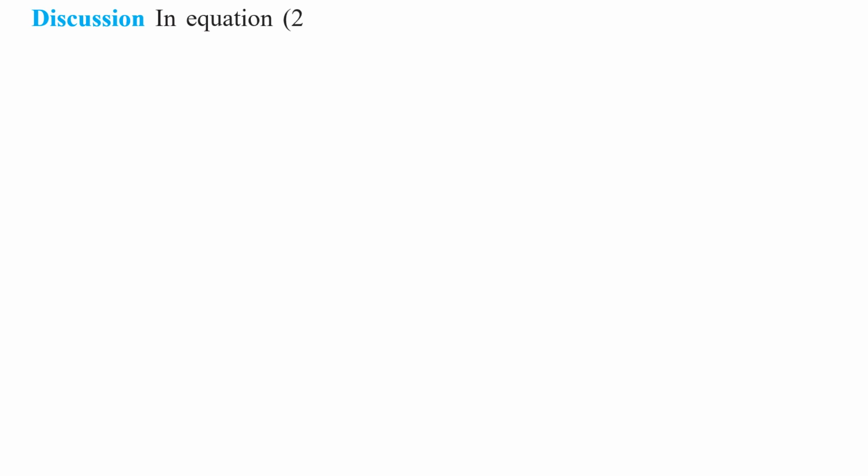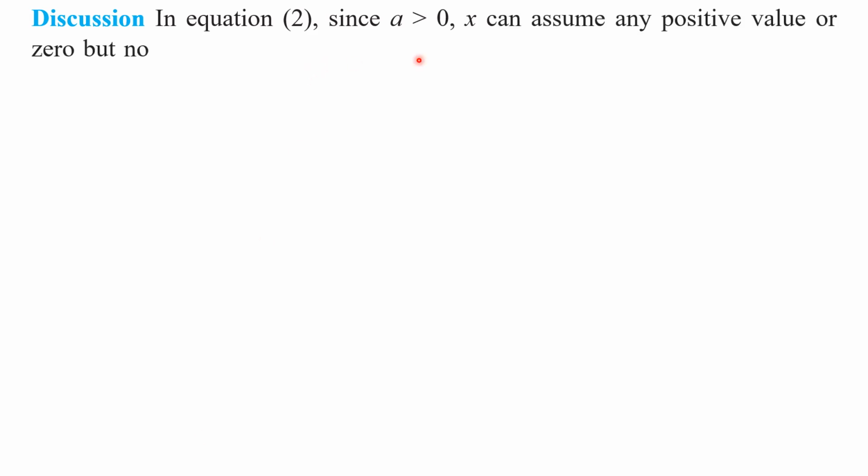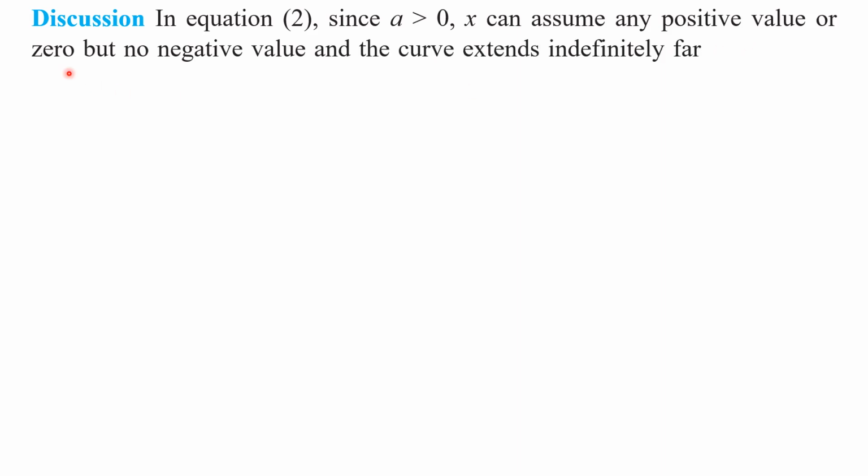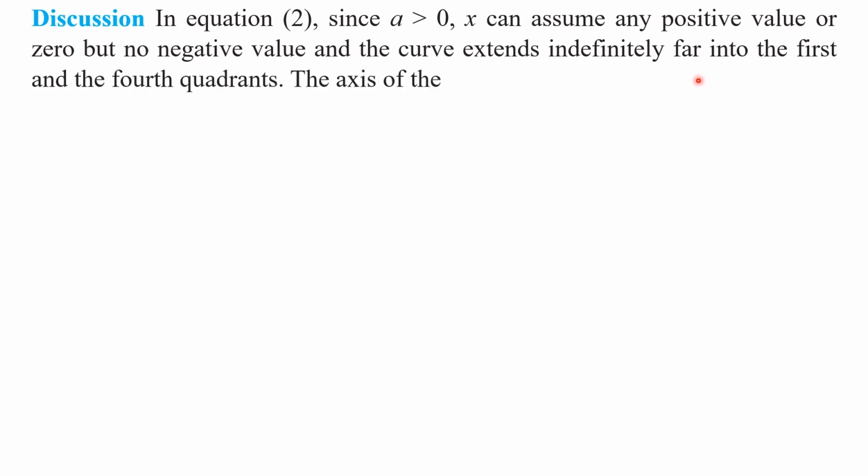Now let us discuss. By observing equations 2 and 3, we get that a is greater than 0, x can assume any positive value or 0 but no negative value, and the curve extends indefinitely far into the first and fourth quadrants. The axis of the parabola is the positive x-axis.